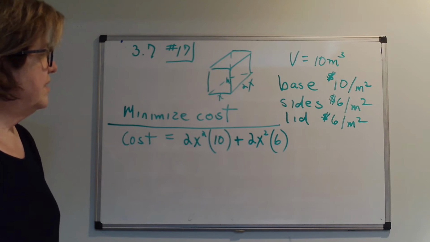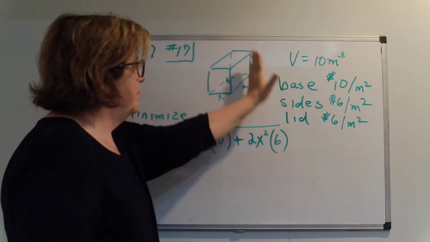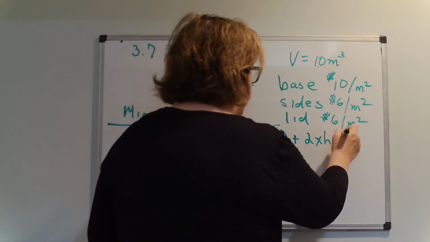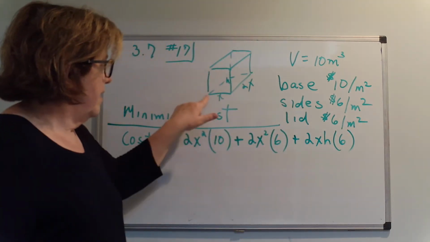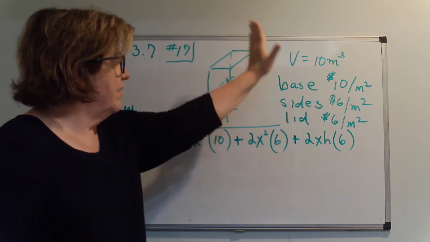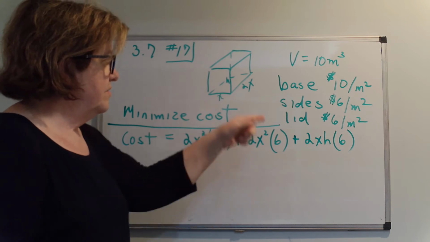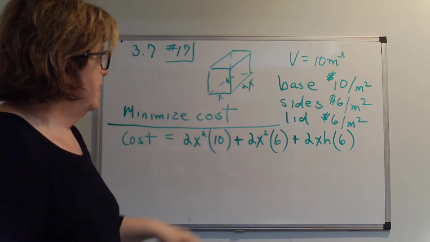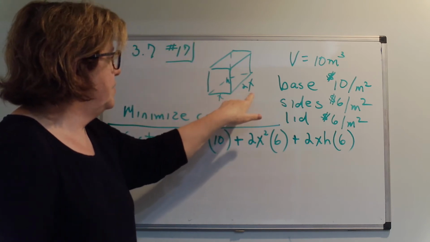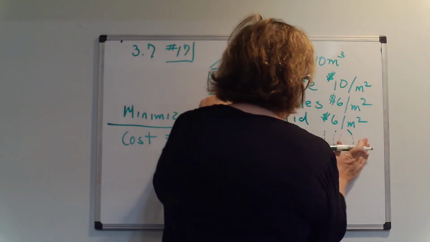Now we need the sides. This side and the opposite side, so there's two of them, are x times h. The area of this side is x times h, the area of the opposite side is x times h, so there'll be two of them, and they're $6 per square meter. Now we need the area of this side and that opposite side, which is 2x times h.